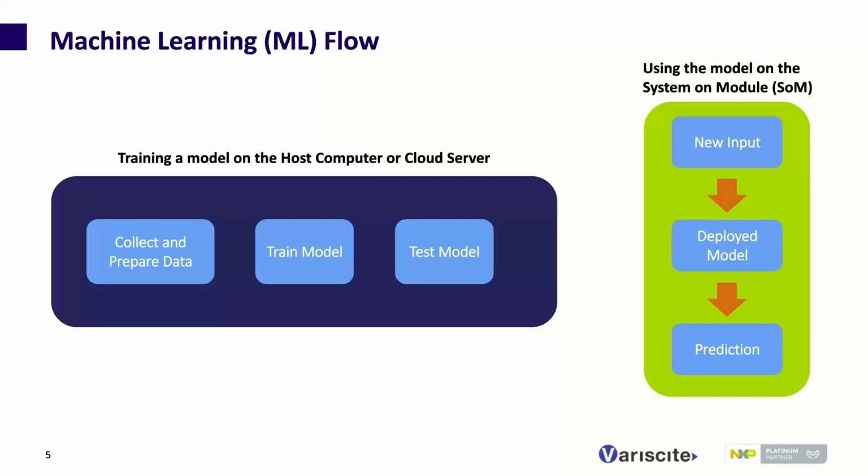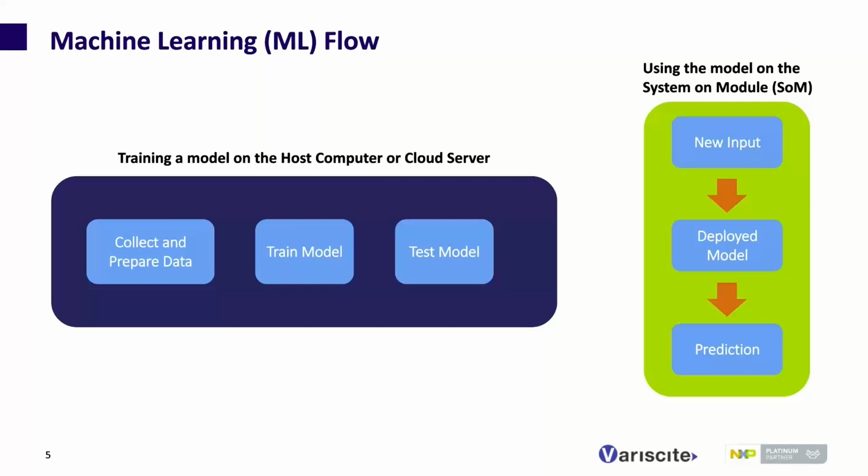And then we deploy this model into the embedded device. And on the embedded device, once we have the model, we need to create an application. This application will get a new input from a camera or from a file, and it will pass it through the model and get a prediction.